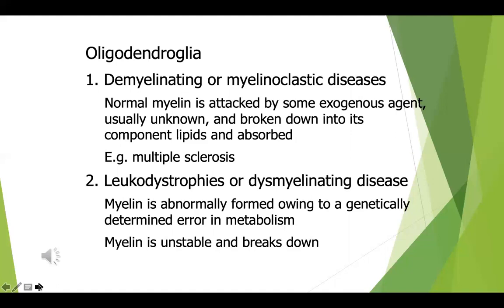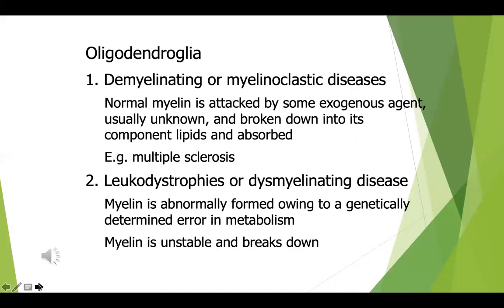The demyelinating or myelinoclastic diseases, here you have already normal myelin developed, and this is somehow attacked by some exogenous agent which is usually unknown and broken down into its component lipids and absorbed. An example of this would be multiple sclerosis. So you have normal myelin in the first place being destroyed by some agent.